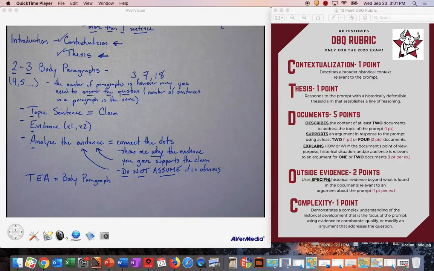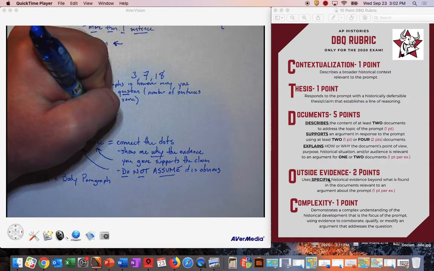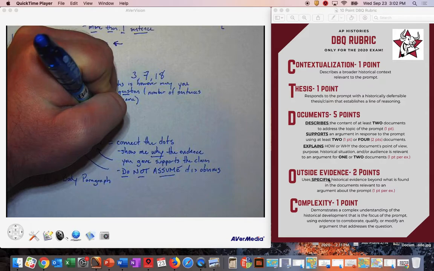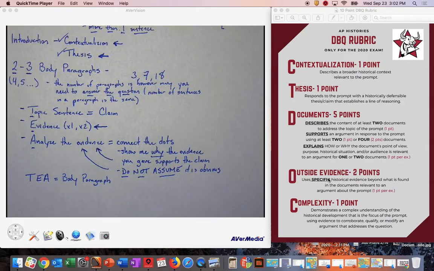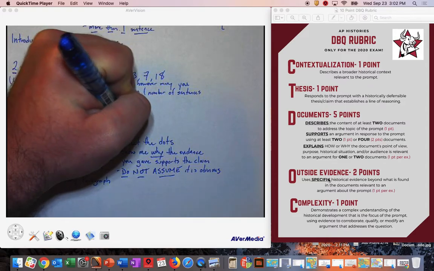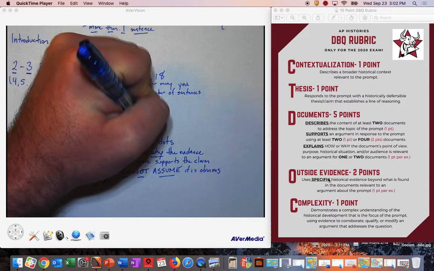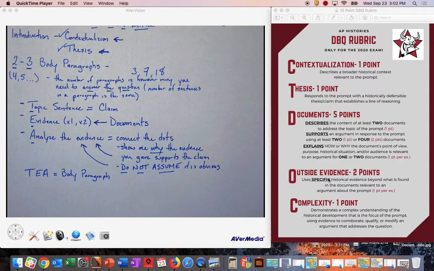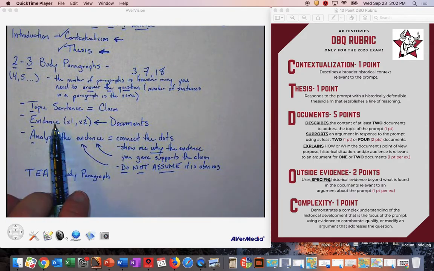Now, for our purposes, writing a DBQ, the evidence is going to come from the documents. So the evidence that is going to support our claim is going to come from the documents we've read.